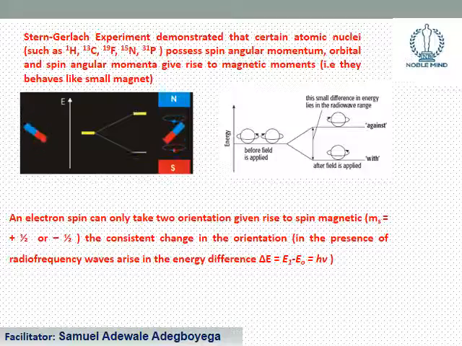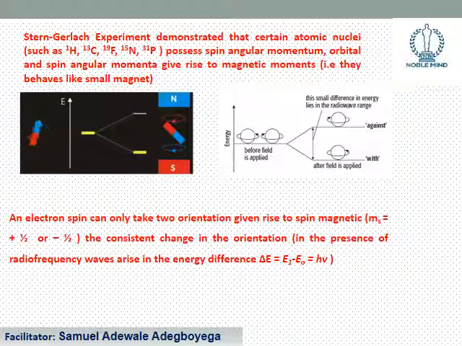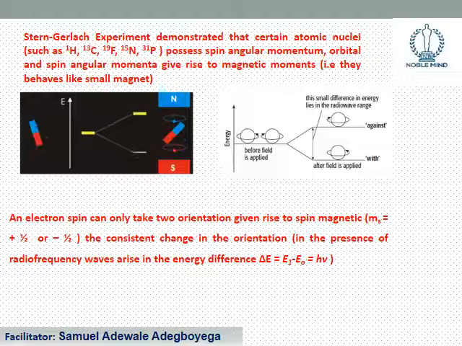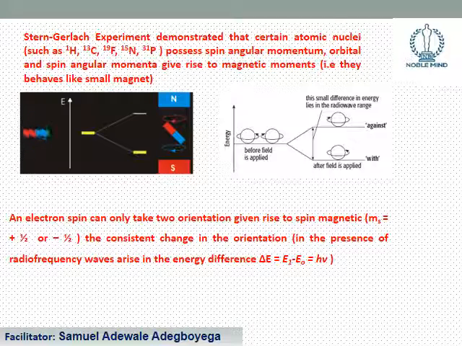So a nuclear spin can only make two orientations that give rise to spin magnetic moment. You have plus half or minus half, and the consistent change in the orientation, now in the presence of radio frequency waves, gives rise to energy difference.